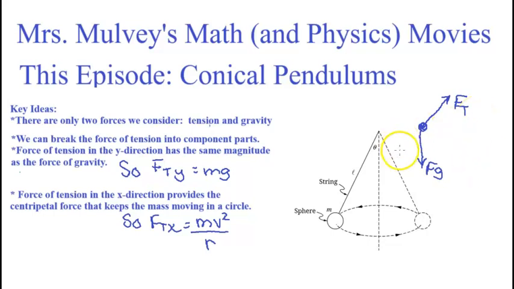And so if you want to work with that, you're going to give yourself another diagram. So I am going to erase my free body diagram here, and I'm going to give myself another diagram where I am just going to draw part of this conical pendulum. Here's the center.